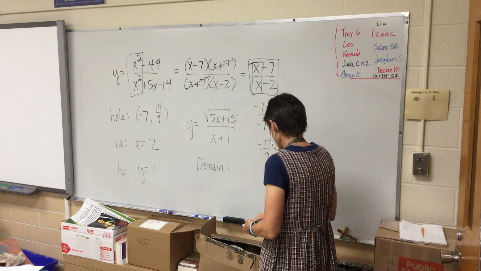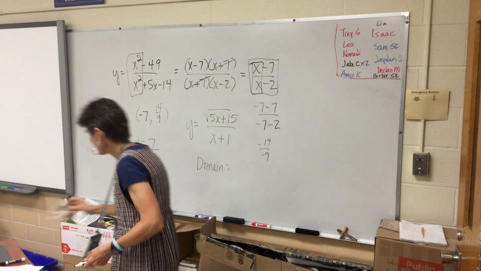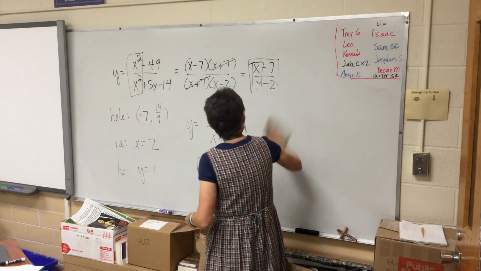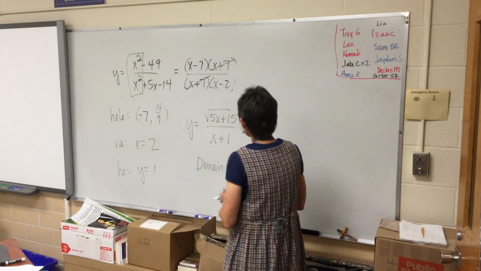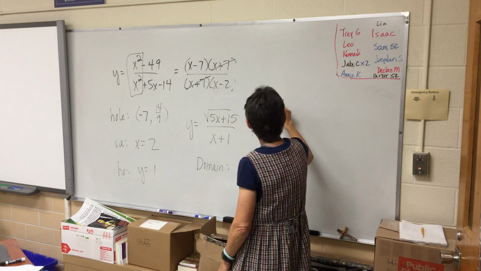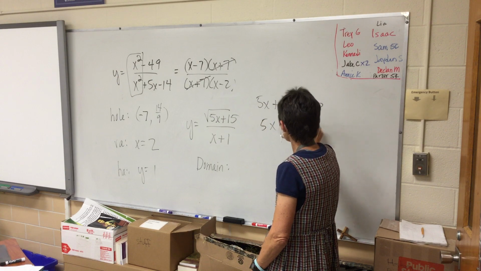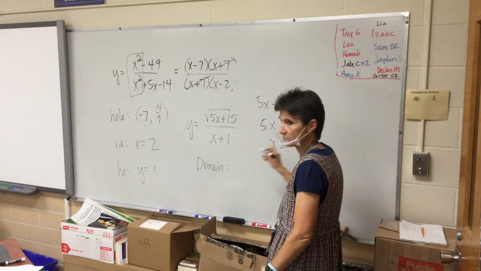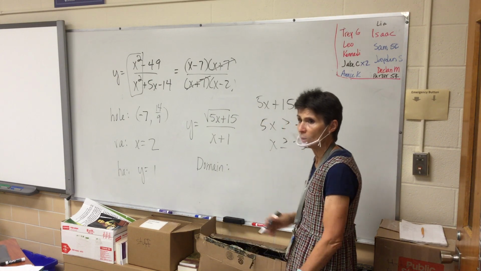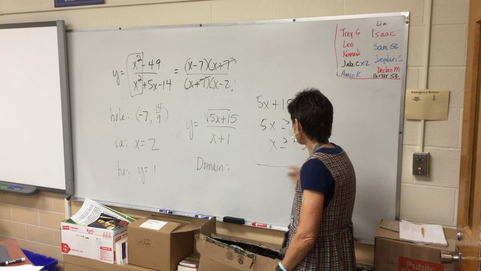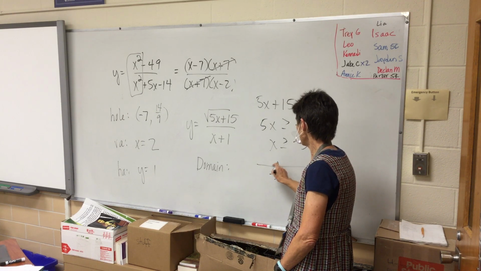Whatever is under the radical has to be nonnegative. So you're going to say 5x plus 15 is greater than or equal to 0. Then you just solve it like regular. There's nothing weird that you do. You just solve that inequality. So x has to be bigger than or equal to negative 3.